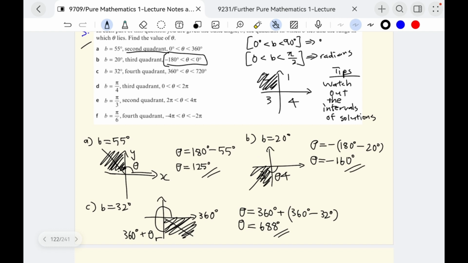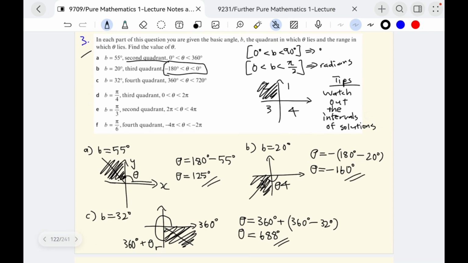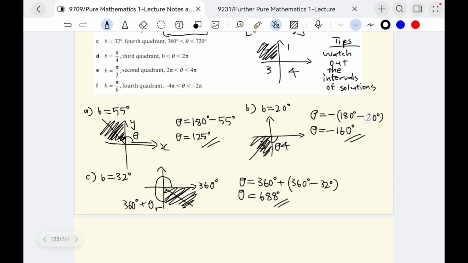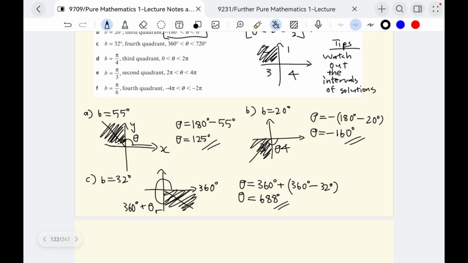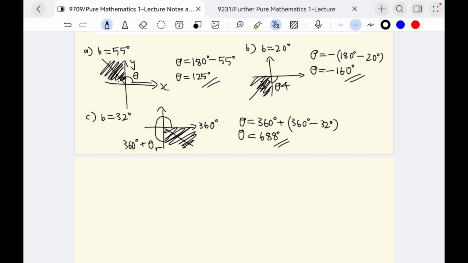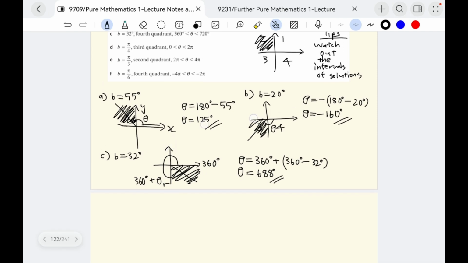For the first three parts of this question, the base angle is in degrees. But for the last three parts, the base angles are all in radians. For D, the base angle equals pi over 4, and it wants the third quadrant.